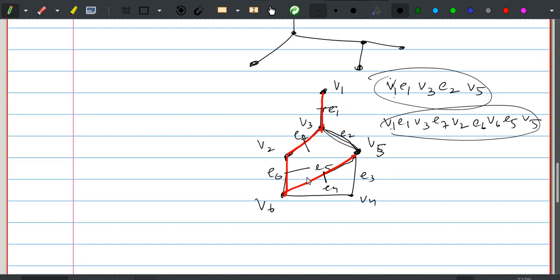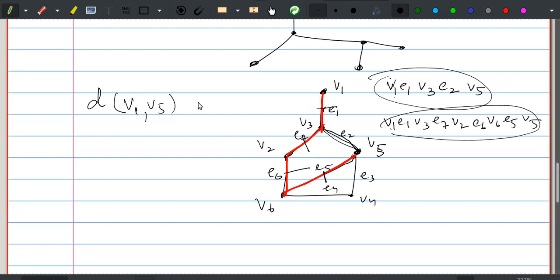Now the distance between vertices vi and vj, let us consider in this case the distance between vertices v1 and v5. Let us denote this distance by d. So this represents the distance between v1 and v5.